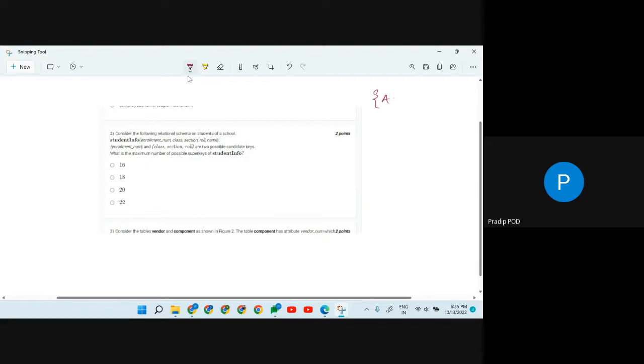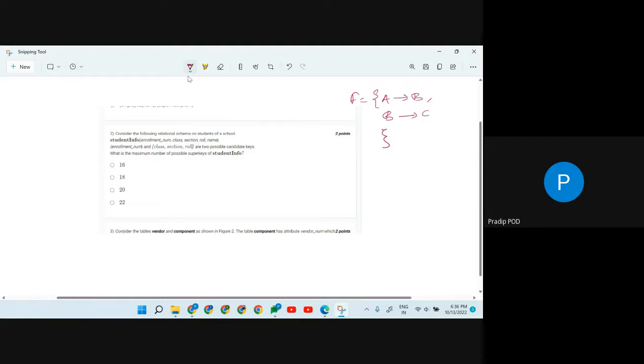Suppose this is your example. I hope you all know how to find a candidate key. All candidate keys cannot be the primary key.